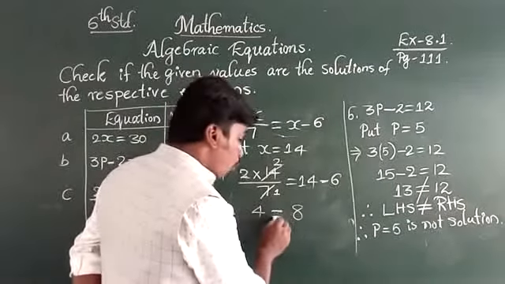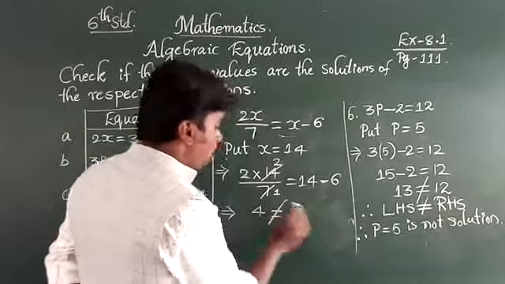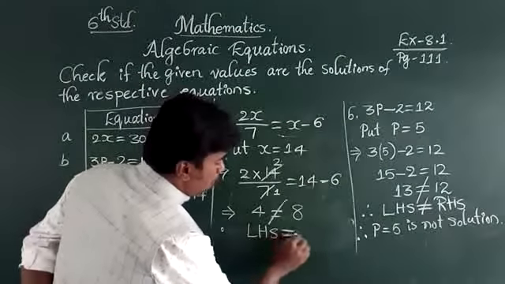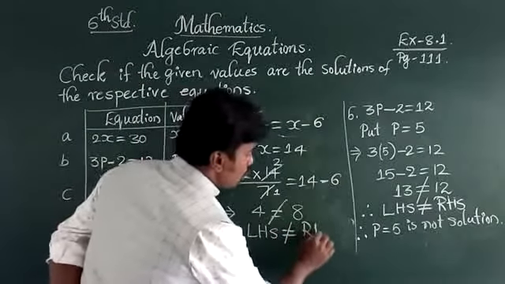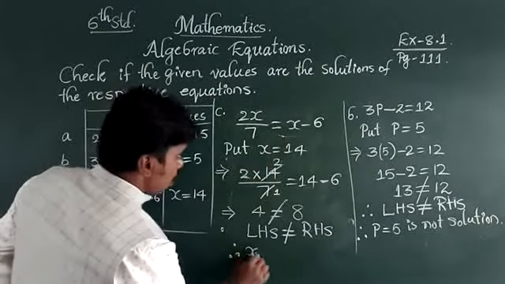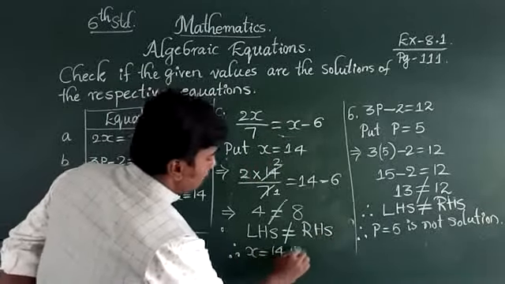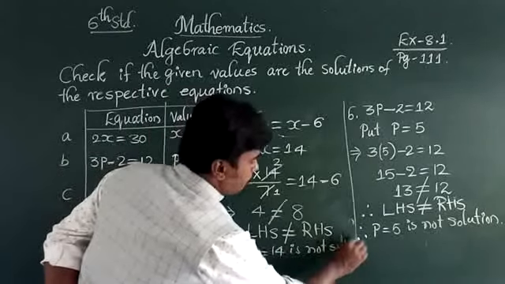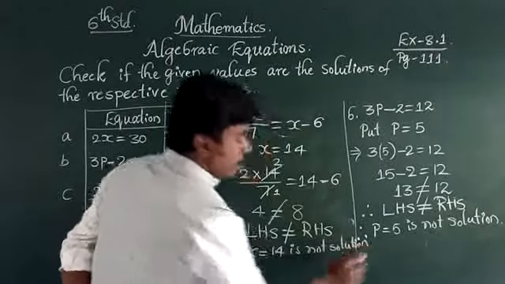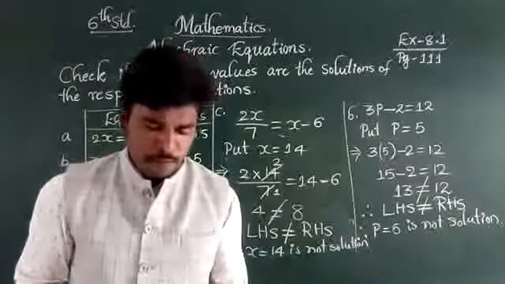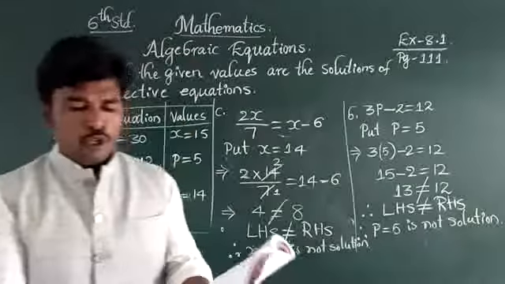Is 4 equal to 8? 4 is not equal to 8, which implies that LHS is not equal to RHS. Therefore, x is equal to 14 is not a solution. Dear students, one more example also you may take, whether it is a solution or not.